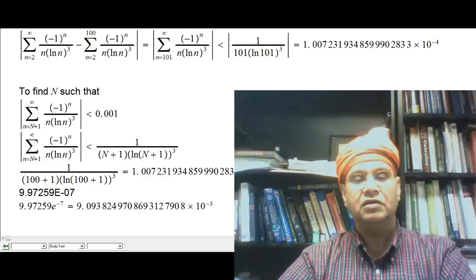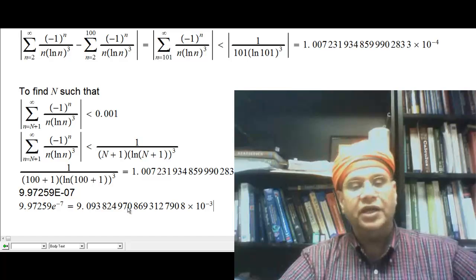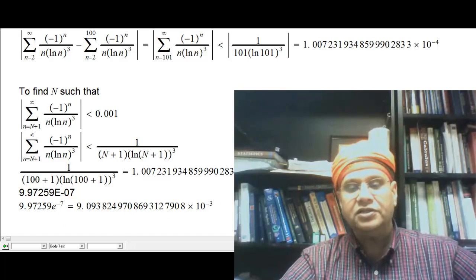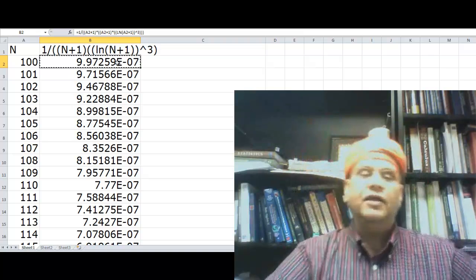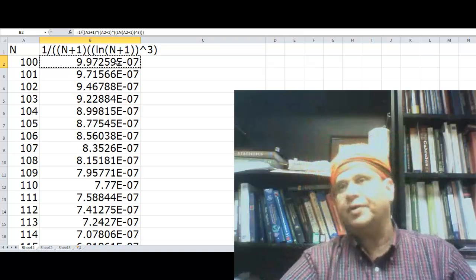Let's see. Yes, that's what it means. Here it's indicating e to the -7. But you can always convert it in terms of 10 to the power, right?